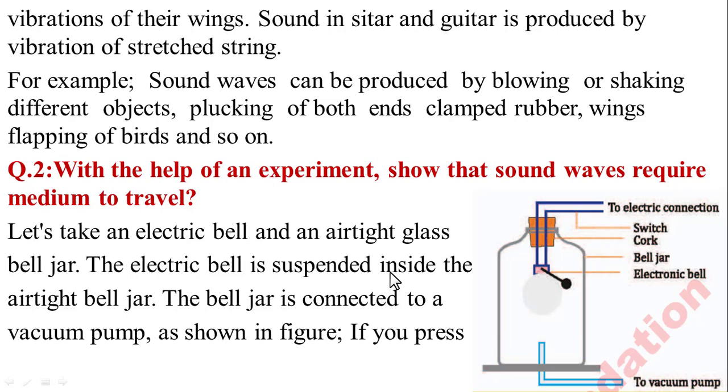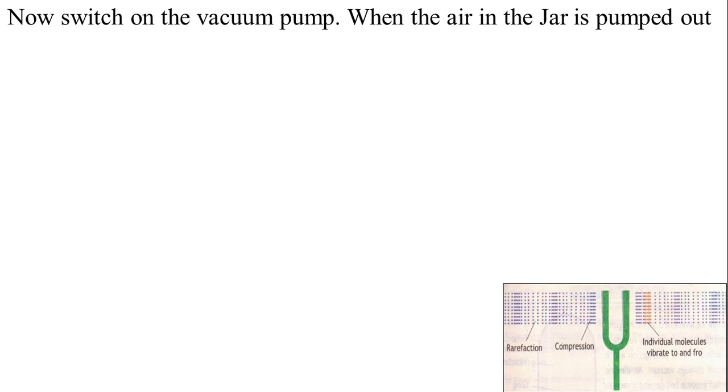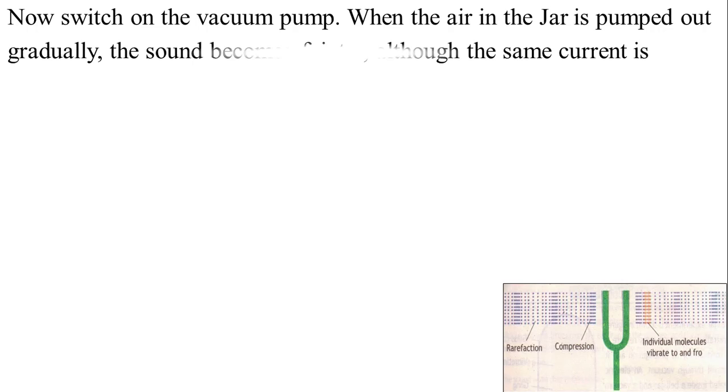Now, as you can see in the figure, when you press the switch, you can hear the electric bell. Now we switch on the vacuum pump, then the air in the jar will be pumped out, and a vacuum is produced.